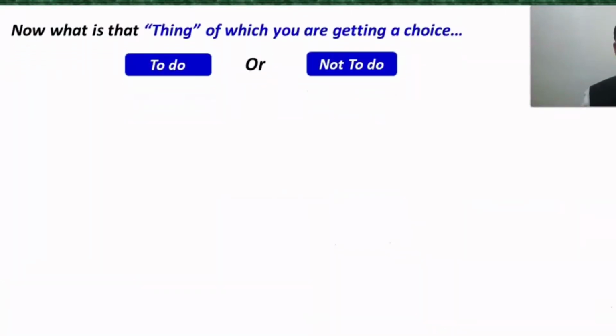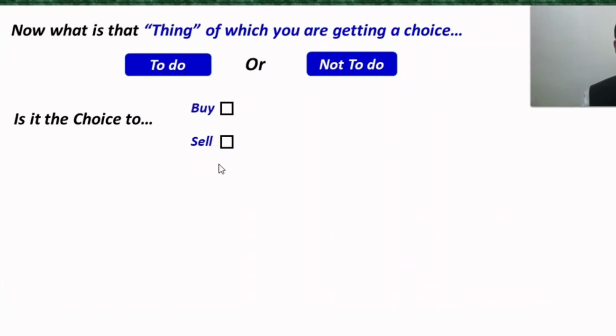All right, now what is the thing for which the choice is being bought or sold? What is that thing? What choice are we buying and selling? In a stock market, is it the choice of buying something or selling something, like buying a share or selling a share?